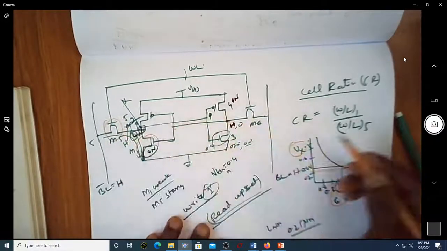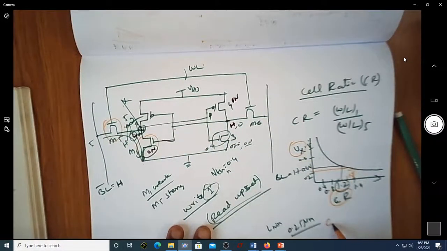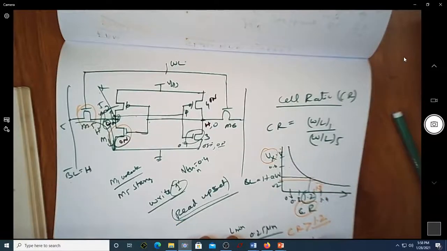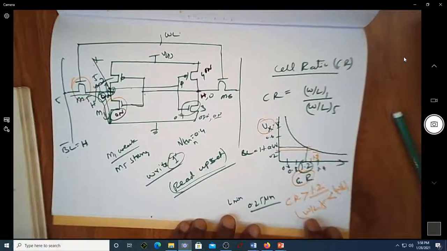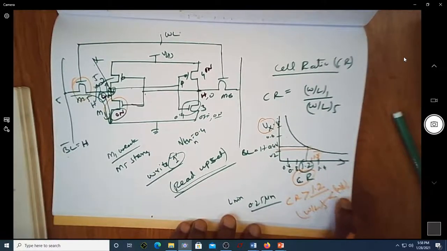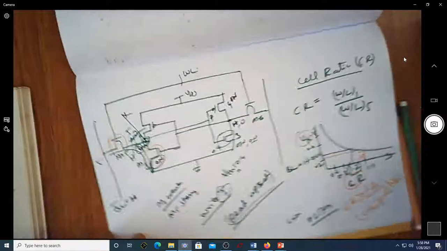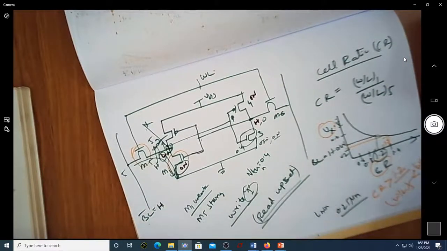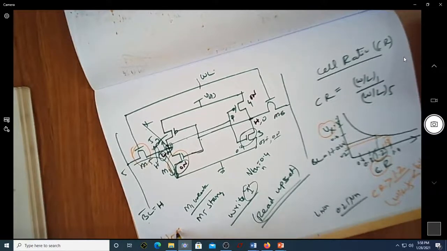If the value of CR, the cell ratio, has to be greater than 1.2, naturally the W by L of 5 should be less than W by L of 1.